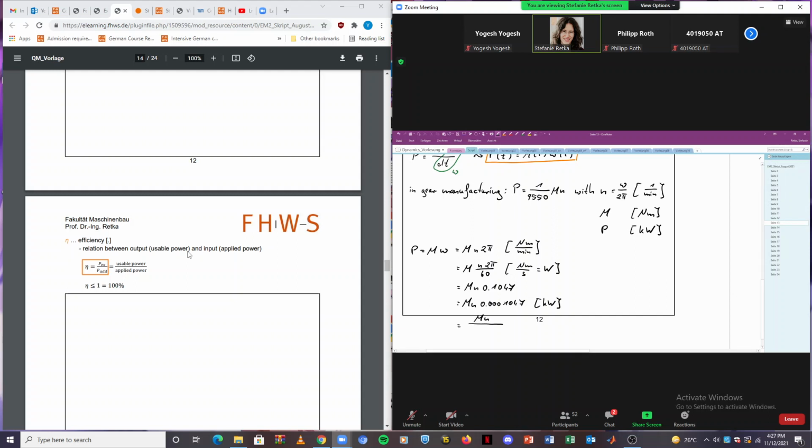So 1 over this very small value is equal to 9,549.57. And then we end up at the rule of thumb by rounding this value to 9,550. Okay, so that's where this equation comes from, how it was obtained.